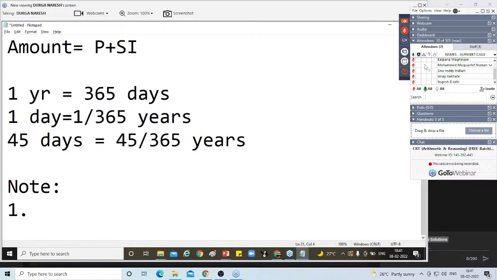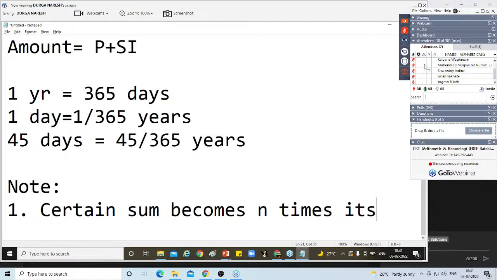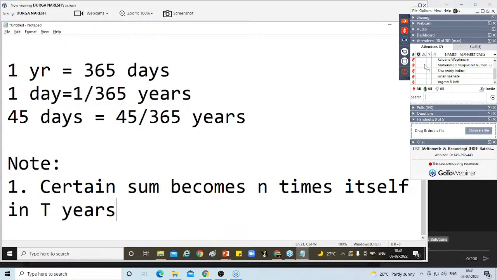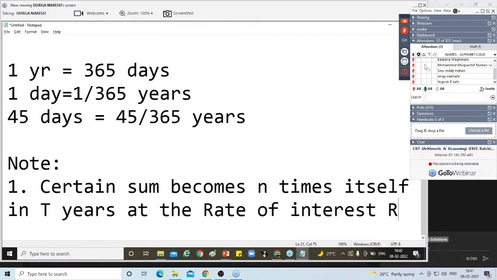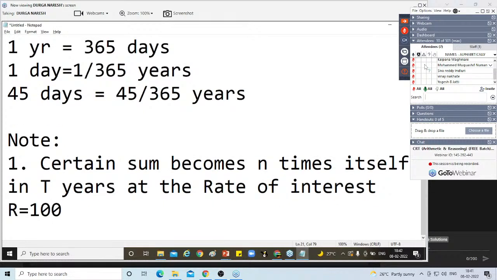Point number one: if a certain sum becomes n times itself in t years, then the rate of interest r is equal to 100 into (n minus 1) by t.